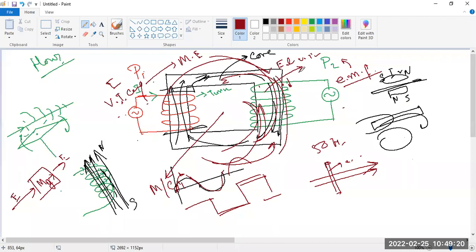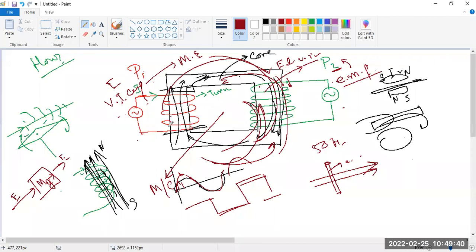Due to this flux linkage, meaning flux cutting, an EMF is induced, just like a motor. So here we get another power. This is the working principle of the transformer.